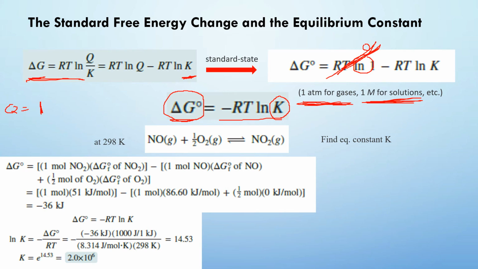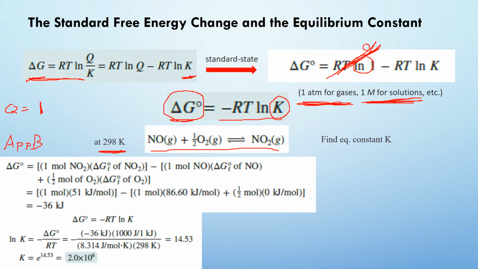So for example, in this example, we have this chemical reaction. They are gas phases, and the temperature is 293. Again, we can use our Appendix B, our good friend from chapter 20.